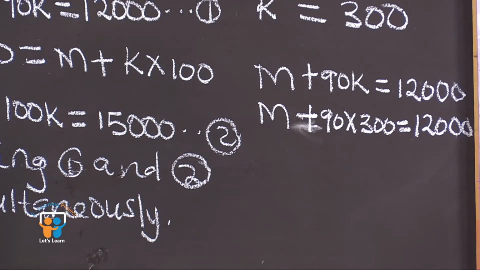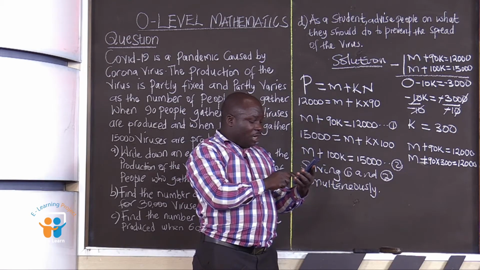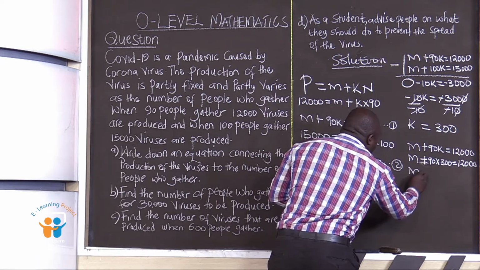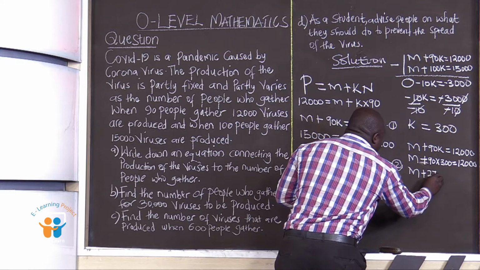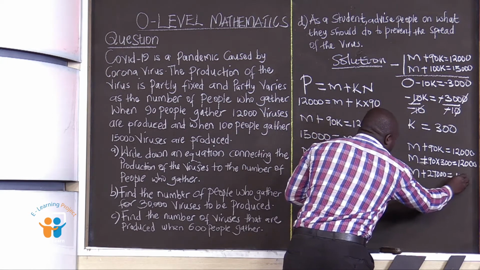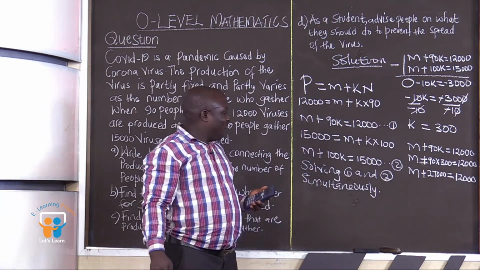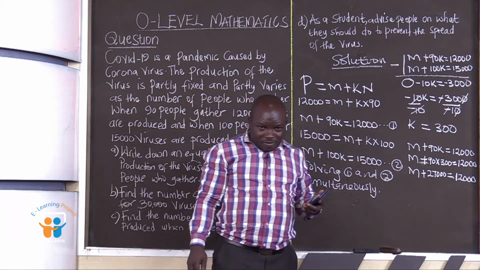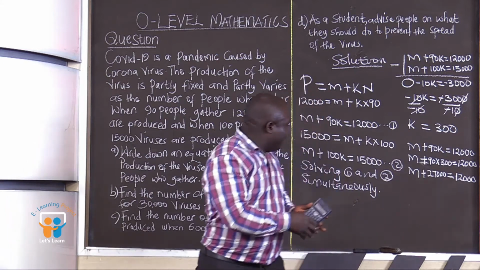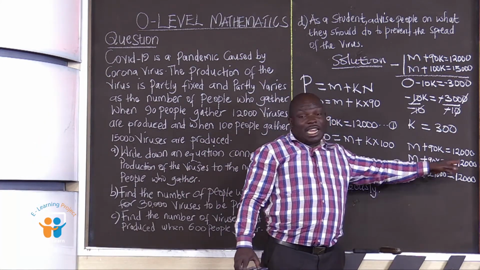What is 90 times 300? Let's multiply. 90 times 300, 27,000. M plus 27,000 equals 12,000. We are looking for M. Let's put 27,000 on the right-hand side.